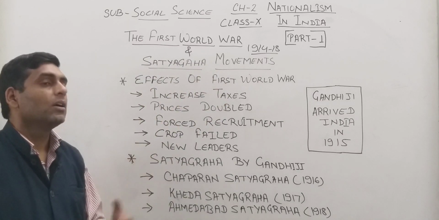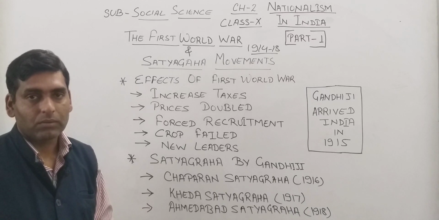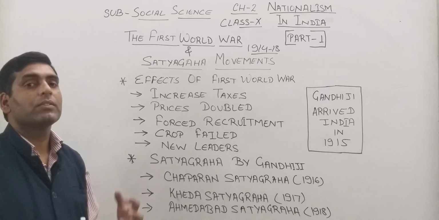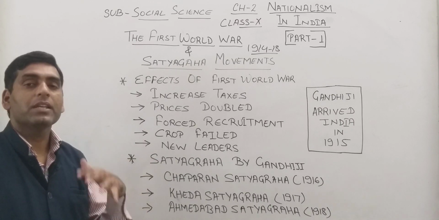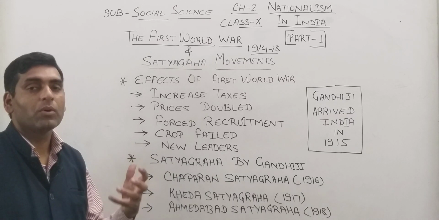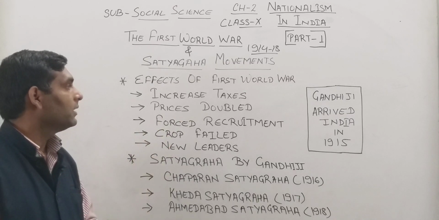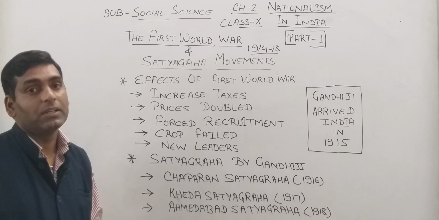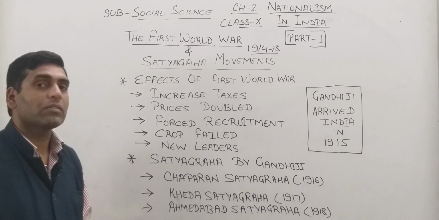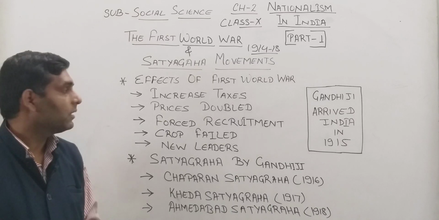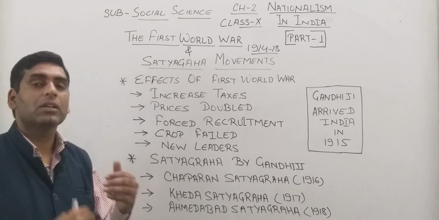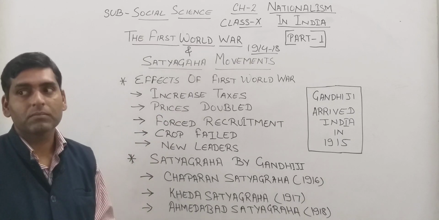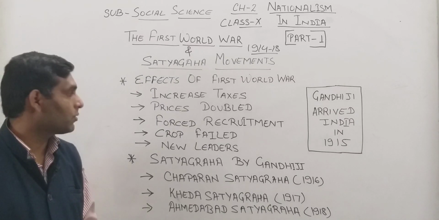Along with that, the food requirement of the soldiers was also fulfilled by Indian farmers. Most of the food crops were exported from India to the battlefield. That doubled the prices of common commodities, and because of that, people faced too much trouble, and this doubling of prices created huge disturbance and aggression in Indian society.